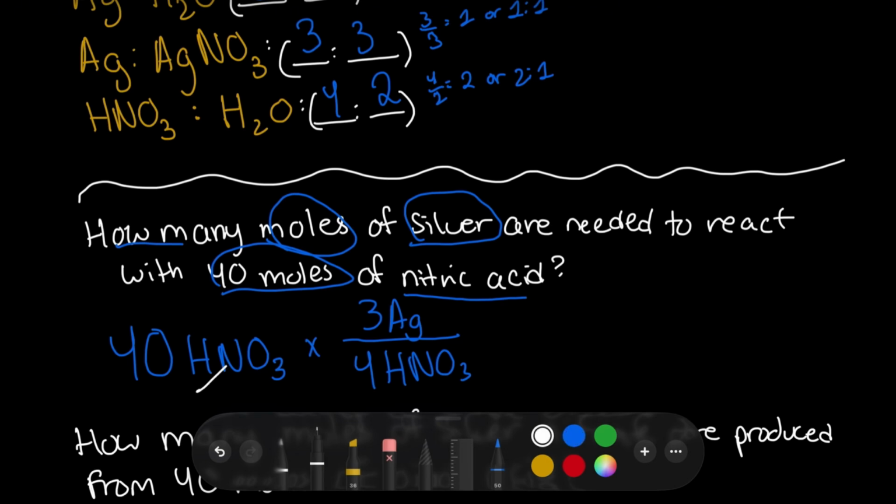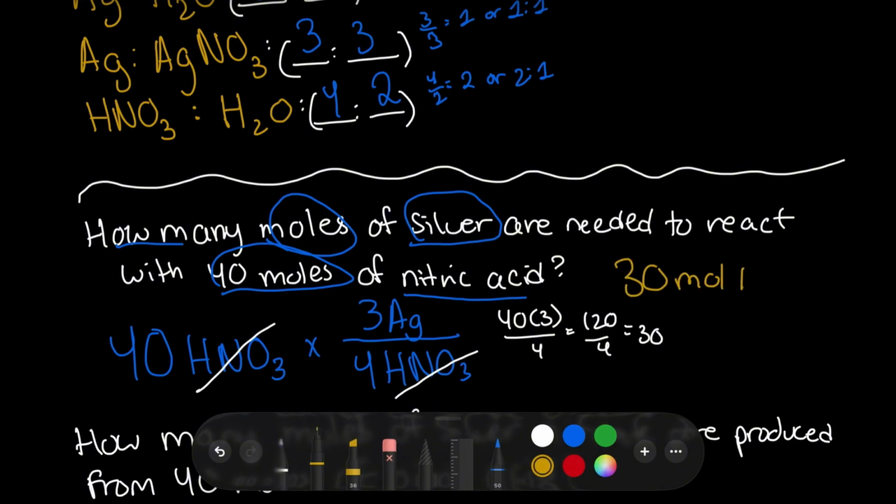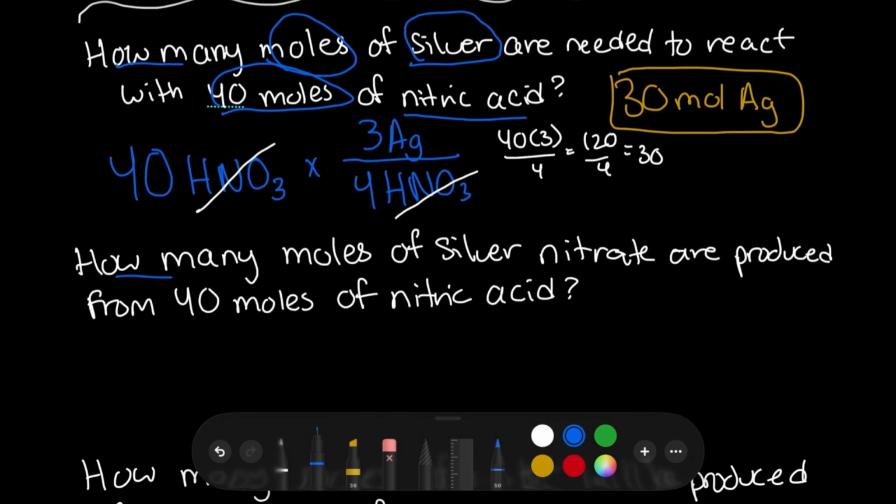Now we do a dimensional analysis. We can eliminate the nitric acid because they cancel each other out, and now we just multiply. We do 40 times 3 over 4, which is 120 over 4, which is 30. So our answer would be 30 moles of Ag. For the next question, it says how many moles of silver nitrate are produced from 40 moles of nitric acid.